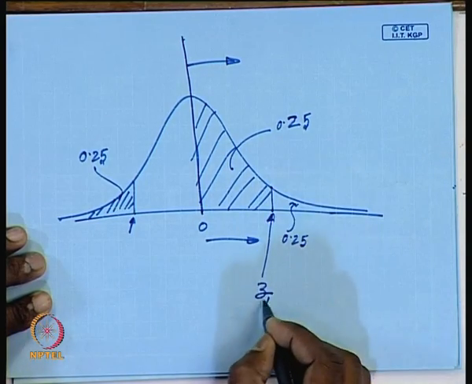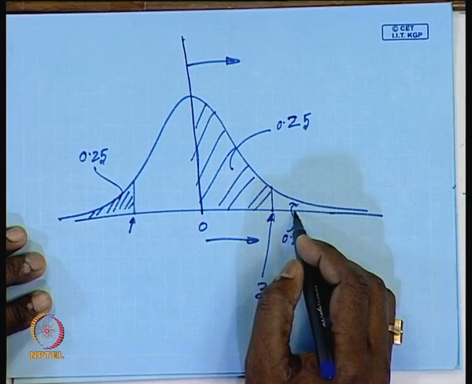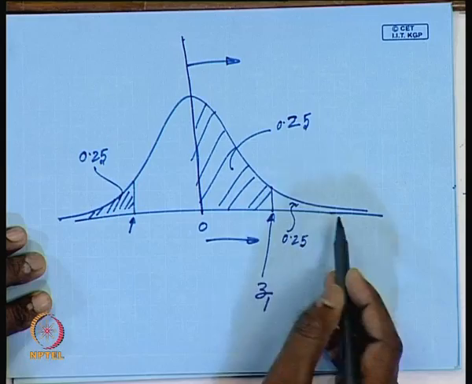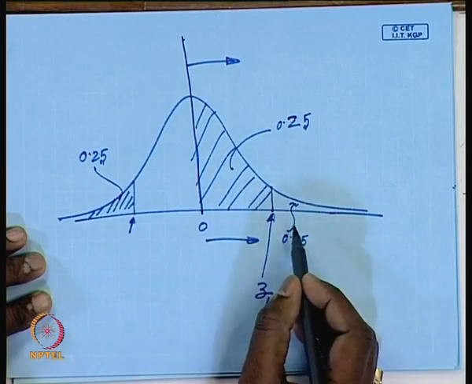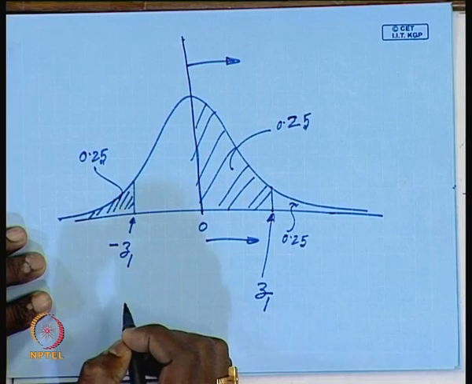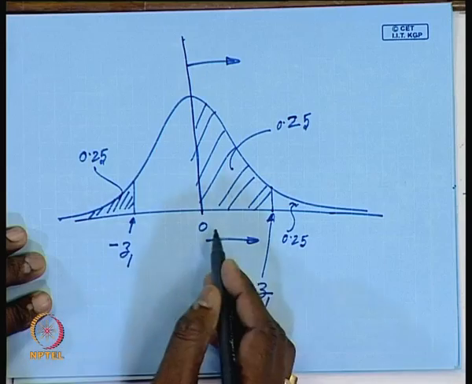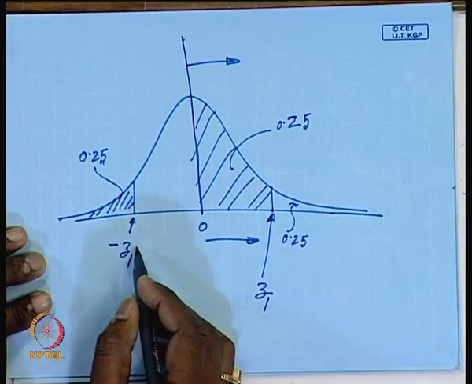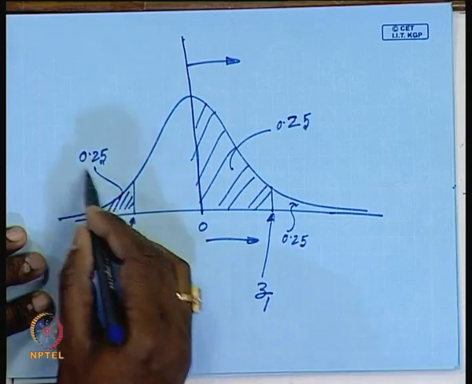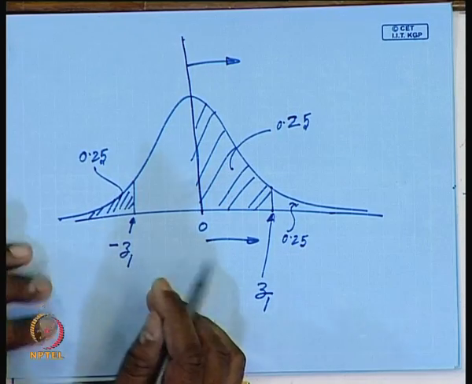That means from z1 to plus infinity the area is also 0.25. Now using the symmetry of this normal curve, this value will be minus z1. It will be the same value, only on the other side of 0, towards the negative side. So to make this equal to 0.25, this will be minus z1.